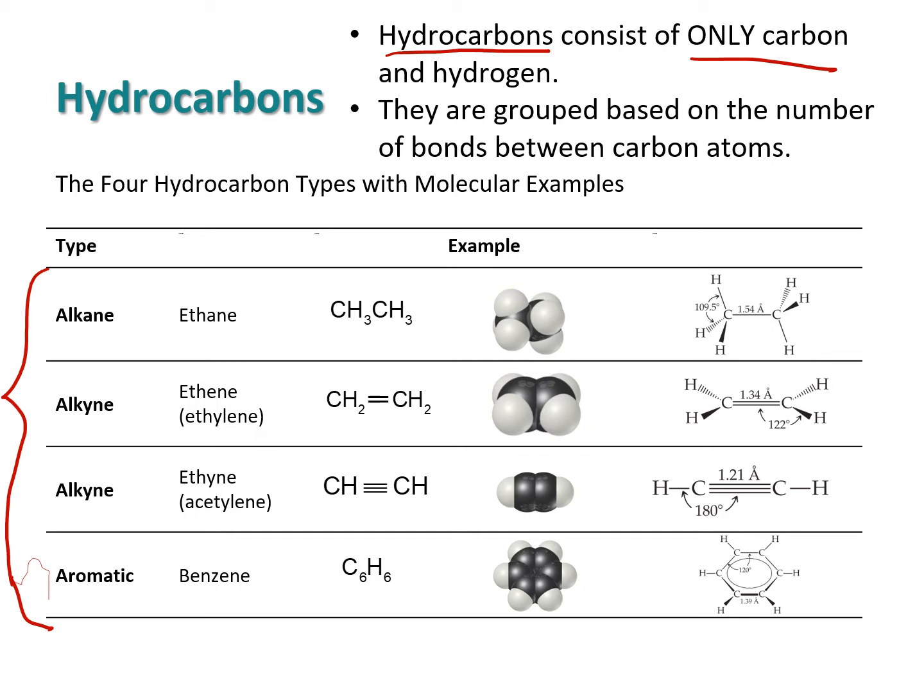So alkanes: this means that you have nothing but single bonds. Alkenes, you will have a double bond somewhere within that molecule. An alkyne is whenever you have a triple bond within that molecule somewhere.